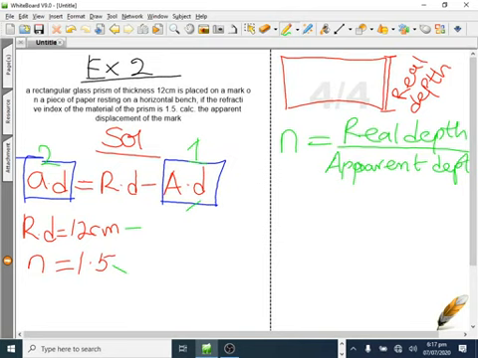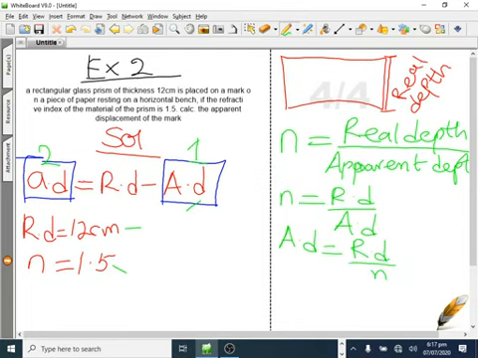Which means apparent depth, AD, will be equal to RD over N.